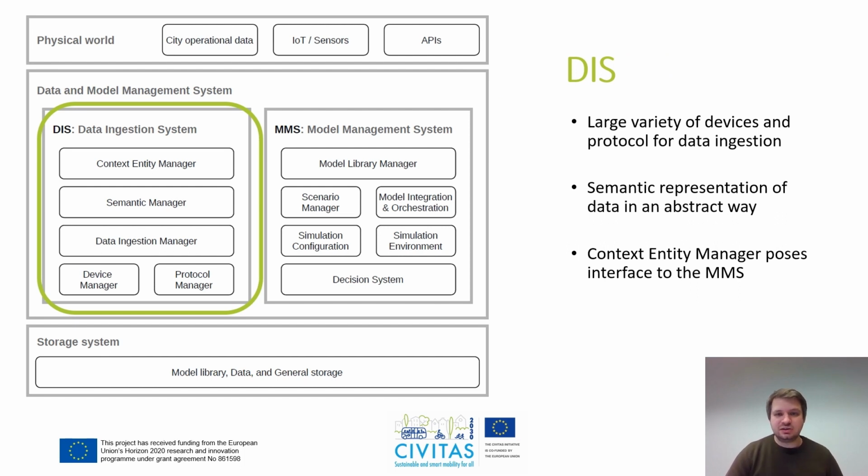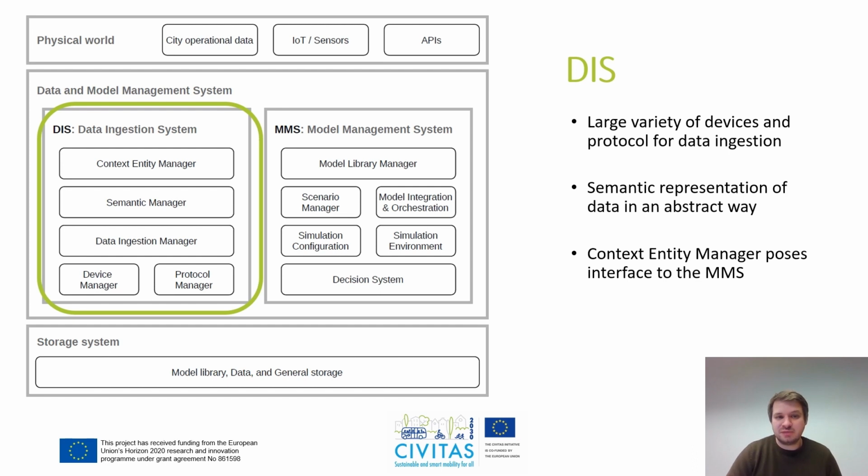Specifically, the data ingestion system has the task to manage a large variety of devices and protocols for data ingestion. Here we have different devices that can go from traffic lights to measuring systems for the content of certain containers. This can be signals from individual vehicles that are sent to the system.